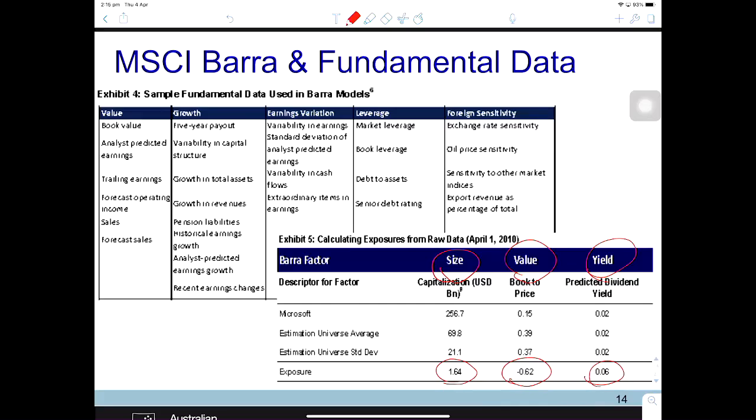So these factors, the exposures, indicates the risk of the stock relative to the benchmark. So obviously, size dominates the return variation in this particular case. In a total equity portfolio context, this can be done for each individual holding within your portfolio.